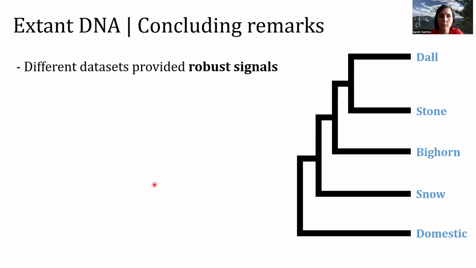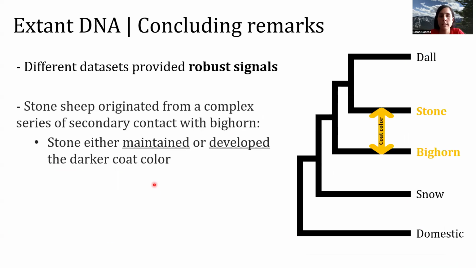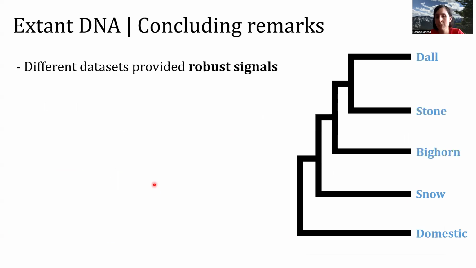Just to summarize this part, we use different datasets, different combinations of analyses of windows or fragment sizes, and we have a robust signal that represents the species tree. So we have Dall and Stone as sister clades, and then bighorn outside of that clade.